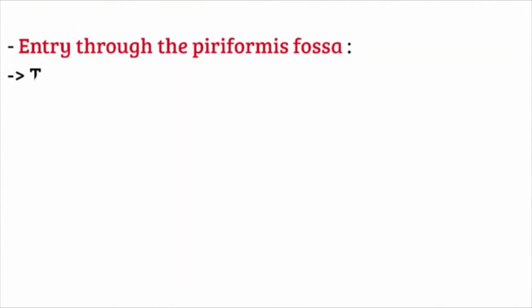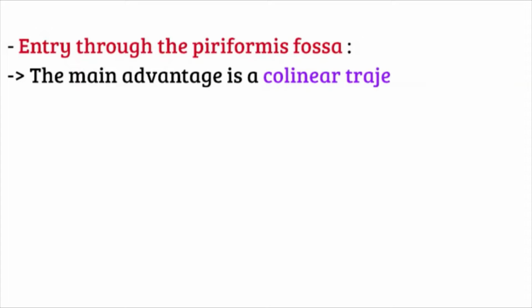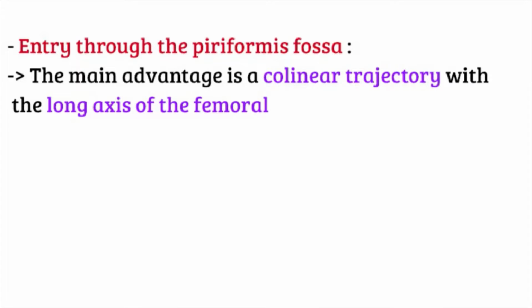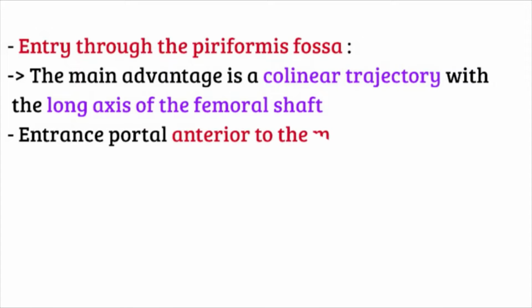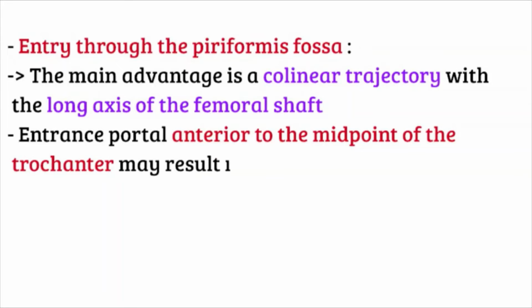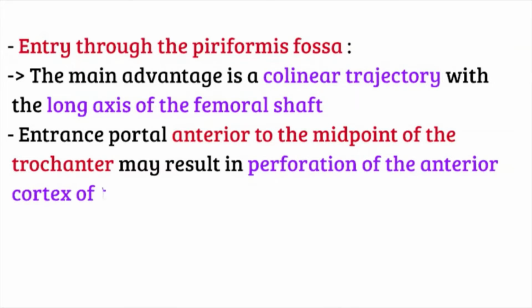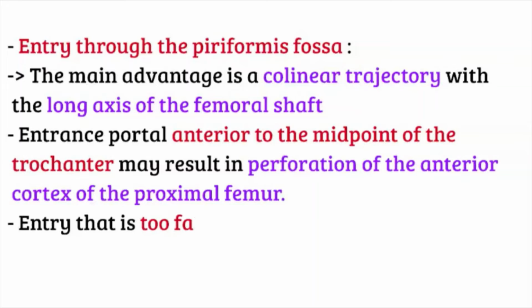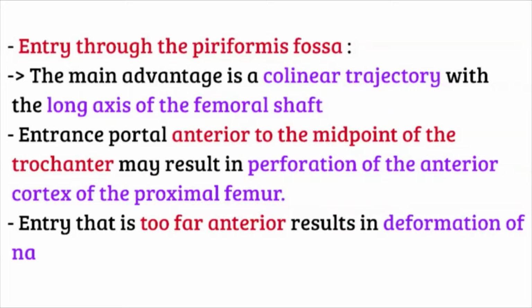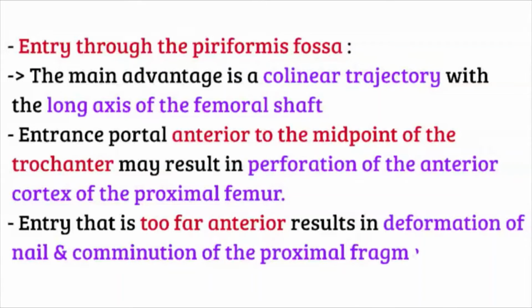Entry to the piriformis fossa. The main advantage is a collinear trajectory with the long axis of the femoral shaft. An entrance portal anterior to the midpoint of the trochanter may result in perforation of the anterior cortex of the proximal femur.